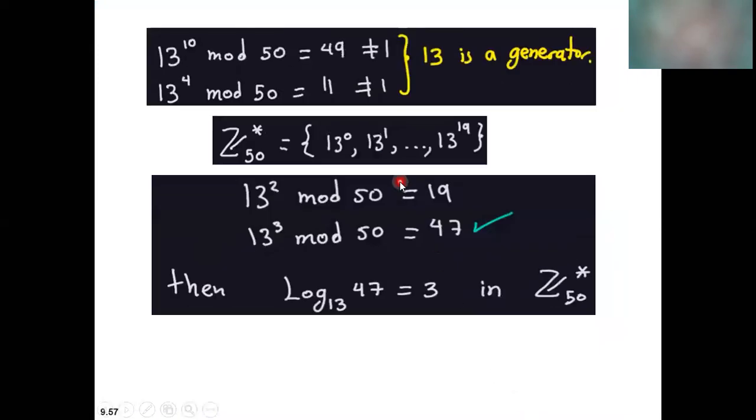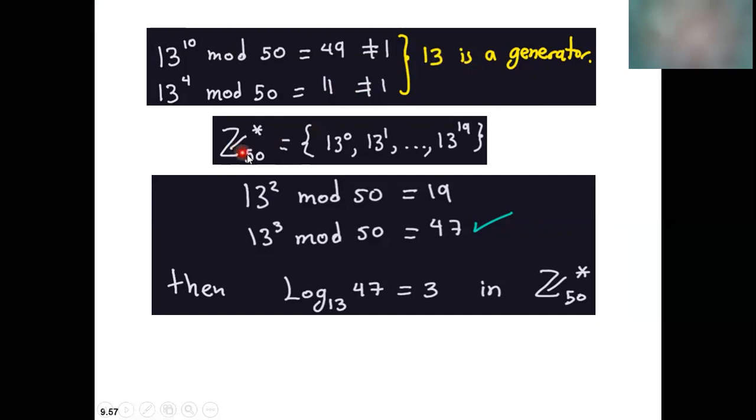So if you look over here, 13 power 10 mod 50 is 49, which is not congruent to 1. 13 power 4 mod 50 is congruent to 11, which is not congruent to 1. So 13 is a generator.